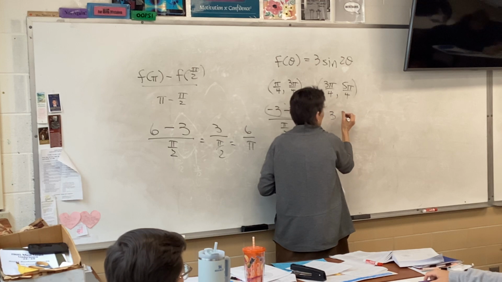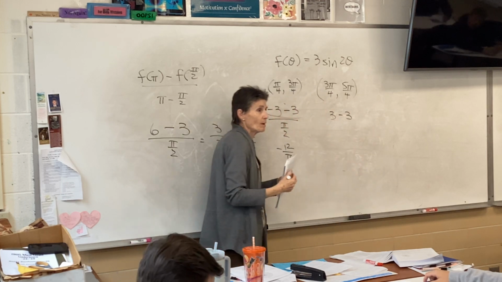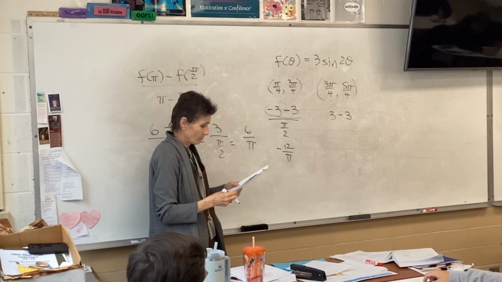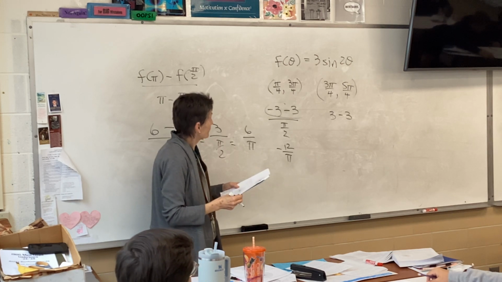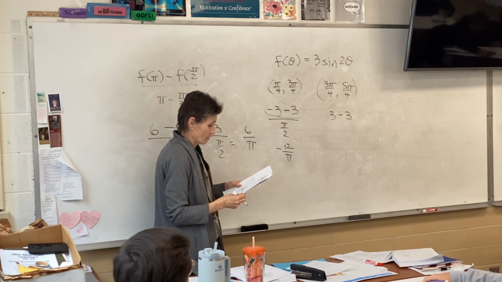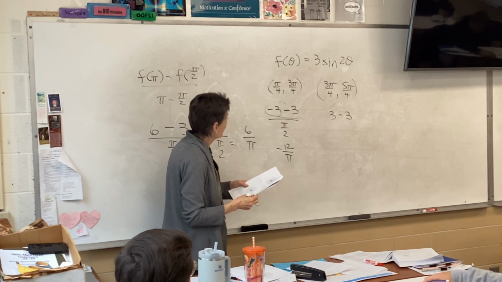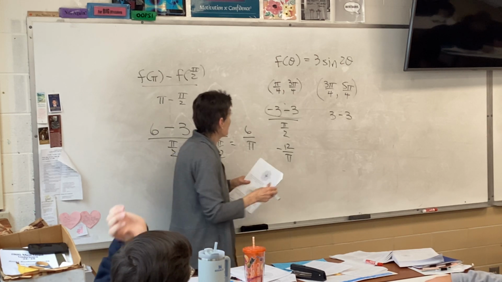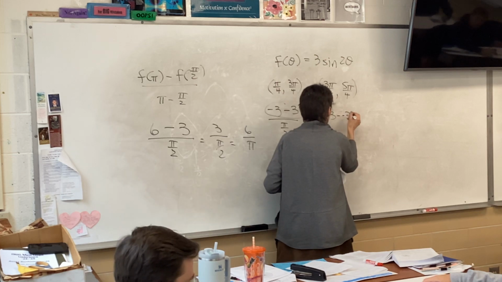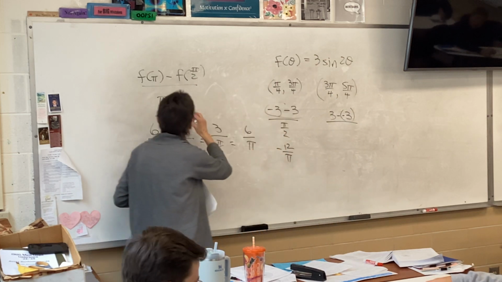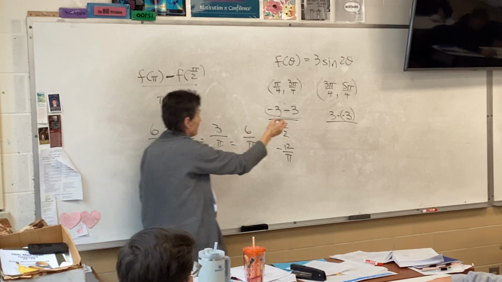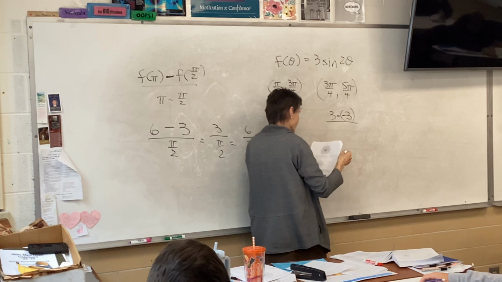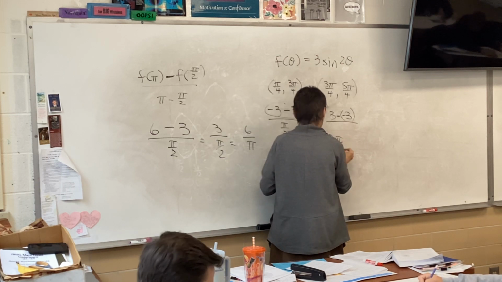What's that one going to be? -3. Oh, is that going to be 0? Yep. Oh, no, it's minus -3. Here's our formula, guys, right here. I'm subtracting. So I do get -3, but I'm subtracting, so that is not a 0. That one doesn't work. How about the next one?